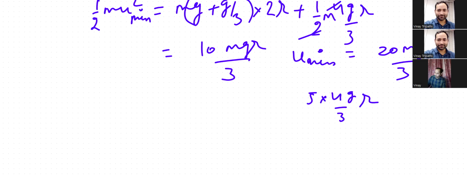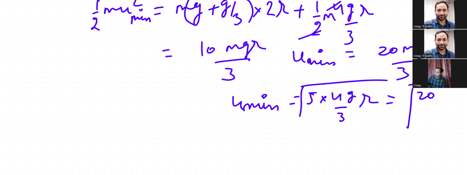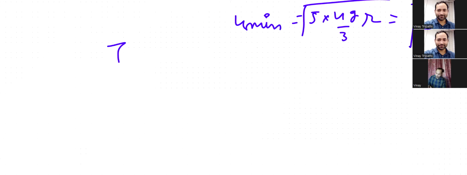So this is basically root of 20 gr by 3 or 20 gl by 3, and then T max is going to come as m g effective, which is 4g by 3, plus mv square by L at the lowest point, right?